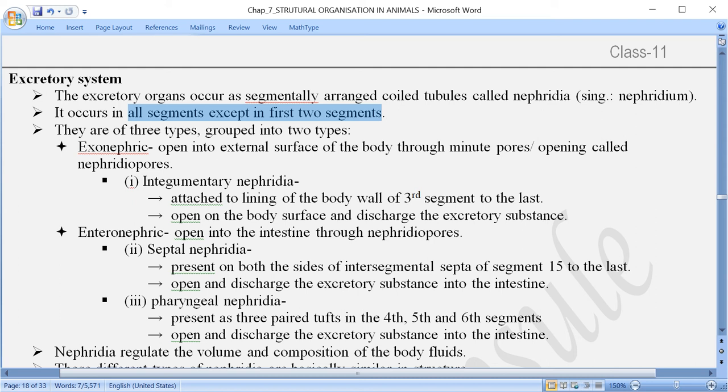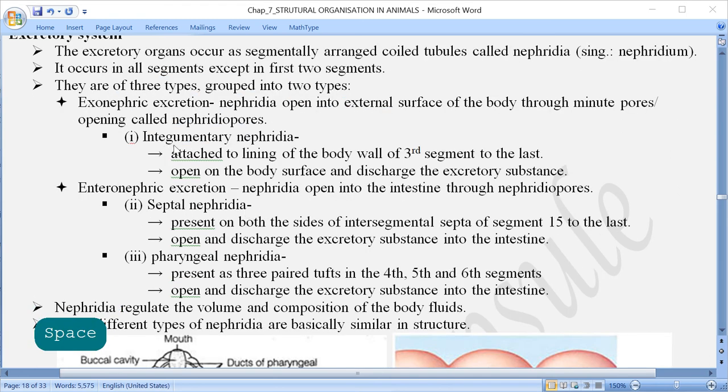And basically there are three types of nephridia which are grouped into two types of excretion over here. The two types of excretion are exonephric and enteronephric. एंटीरो को एंडो भी बोल सकते हैं. So in case of exonephric, what happens? Nephridia are present in all segments except the first two.